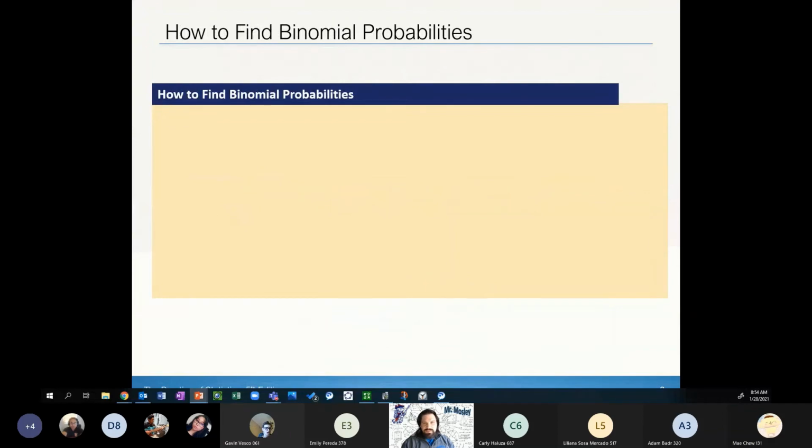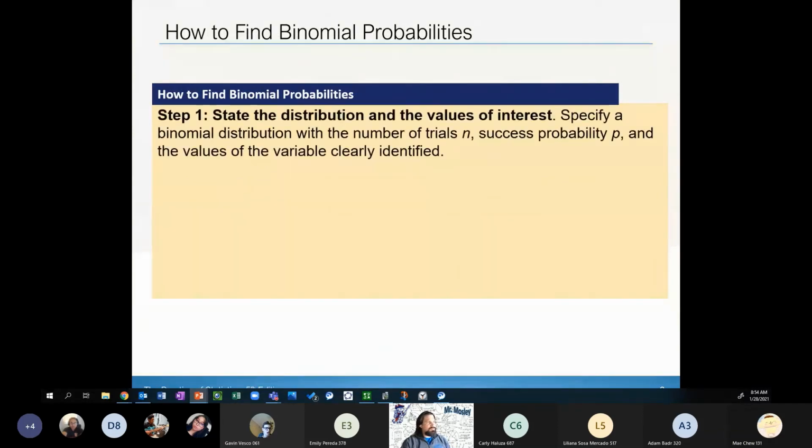So then we have some steps that we can take to find binomial probabilities. Step 1, state the distribution and the values of interest. Specify a binomial distribution with the number of trials n, success probability p, and values of the variable clearly identified. So in our previous example, with the blood type O, there will be n equals 5 trials.